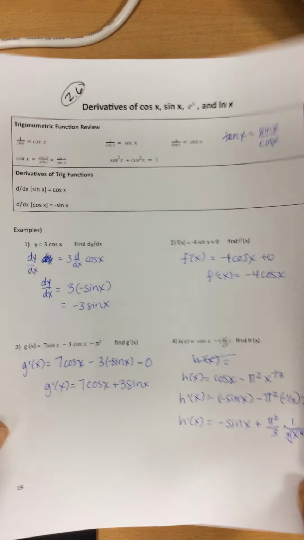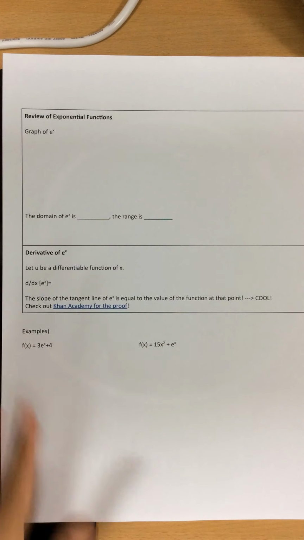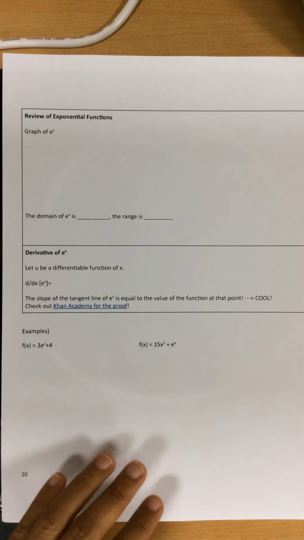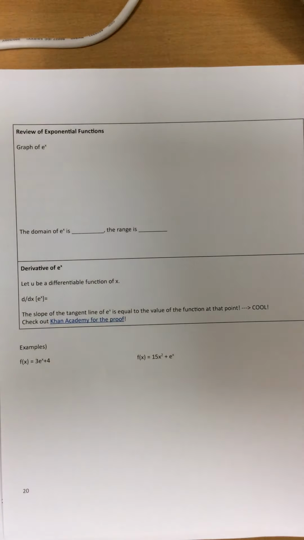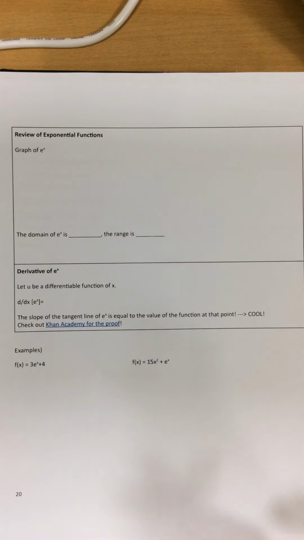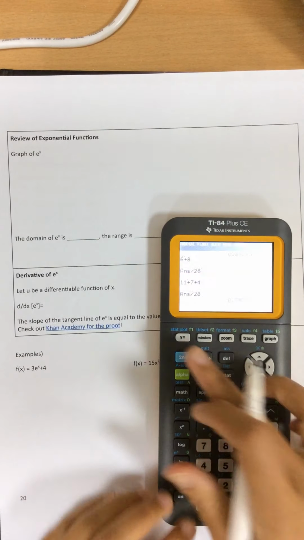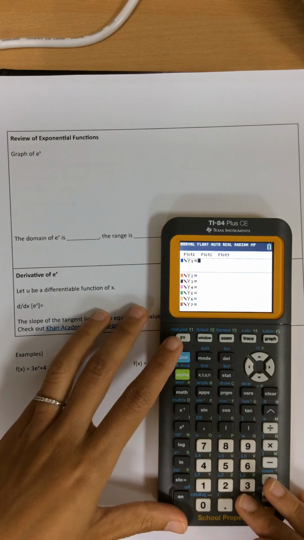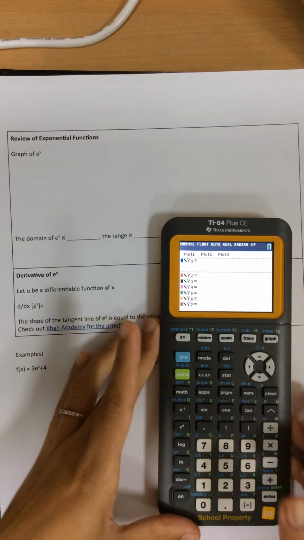Okay, now let's talk about exponential functions. Okay, so graph of e to the x. You can draw it. I'm just going to look at this, if I can remember where e is.